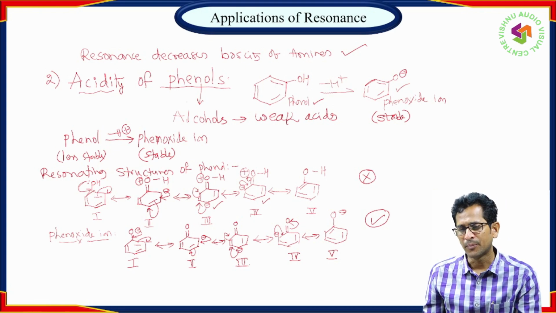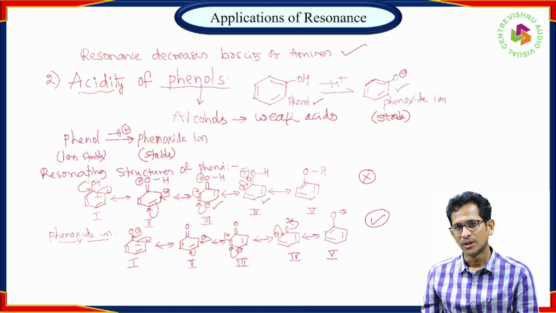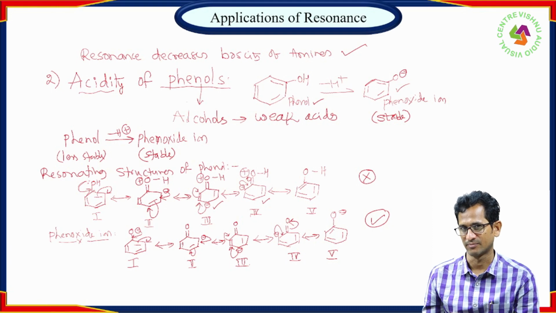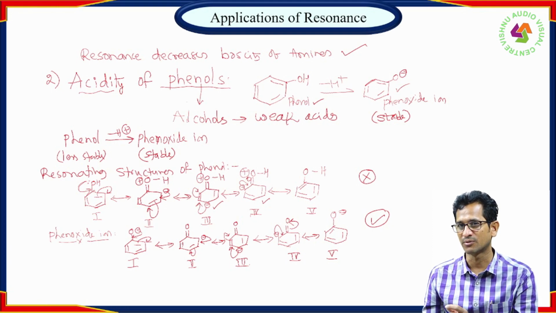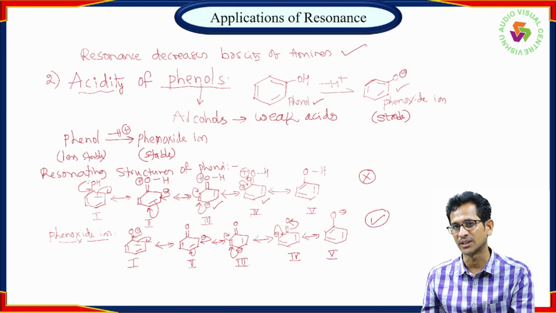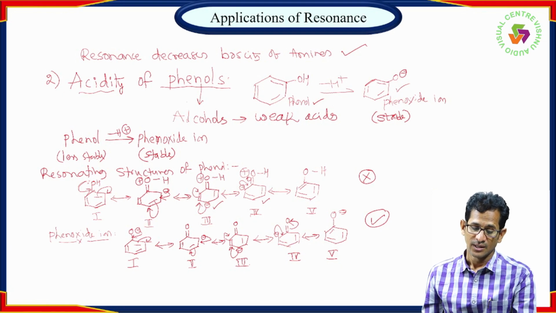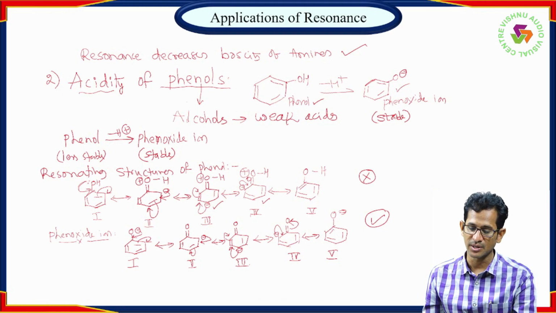And one more important point is that if you observe a positive charge on a highly electronegative atom, that is also a reason for the destabilization of any resonating structure. In the resonating structures of phenol, you can observe the same in structures 2, 3, 4.